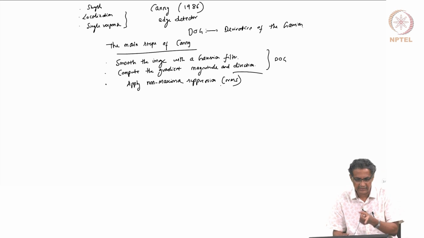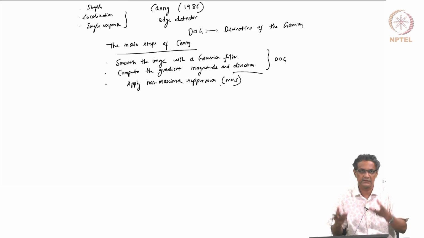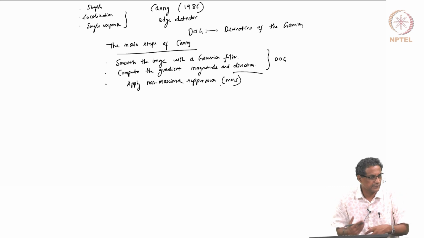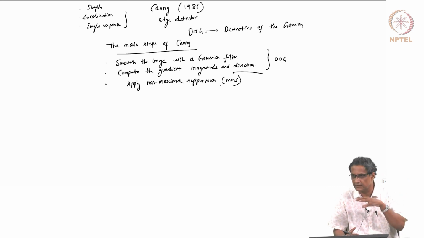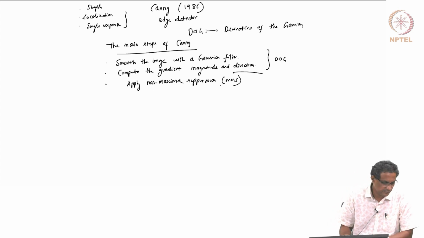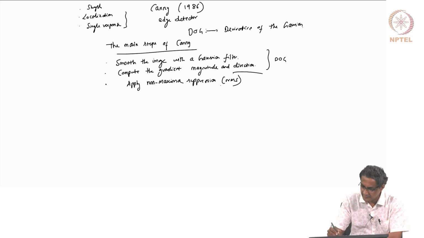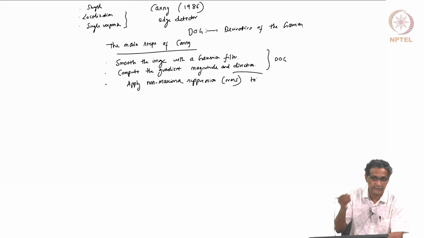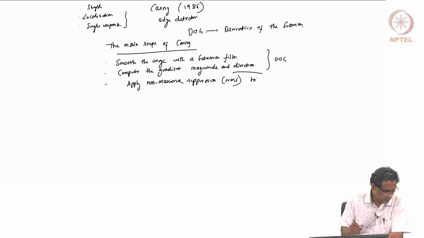So the single response thing has to do with this, because if there are several things trying to tell that we are all important, you want to say that only the guy who is really the maximum should be important, and the rest should just go away. That's why this maximum suppression, and this NMS, we'll revisit later in a different context, applied to the gradient magnitude.